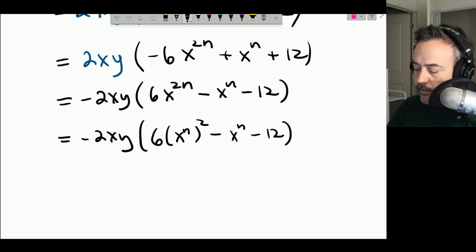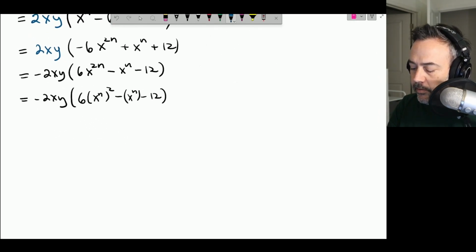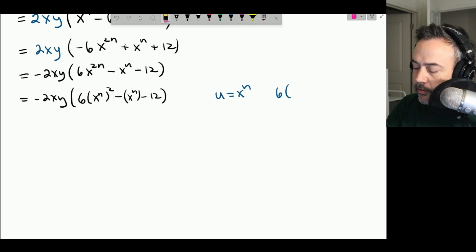If you can factor this at sight, great. If you want a little help with it, you can let u equal x to the n, and then over here, just on side work or on scratch paper, but it'd be helpful to show your work so that I can see it. u squared minus u minus 12.